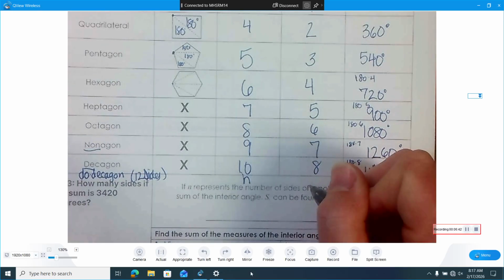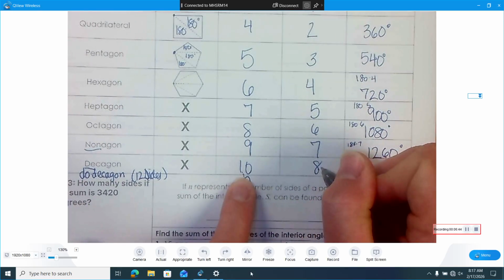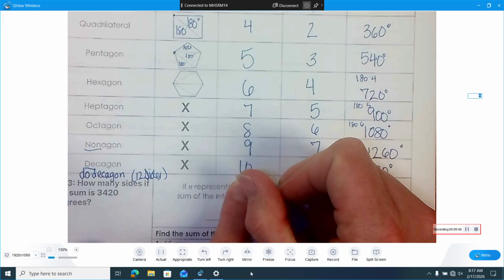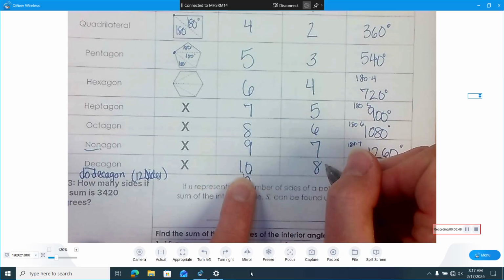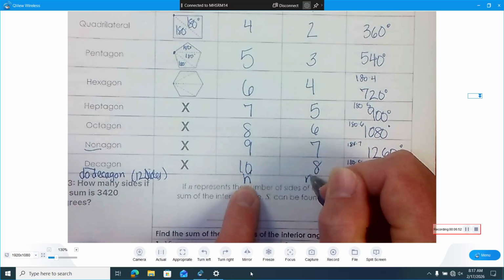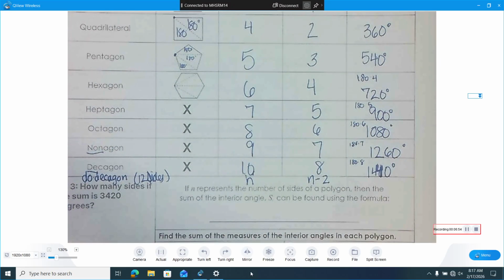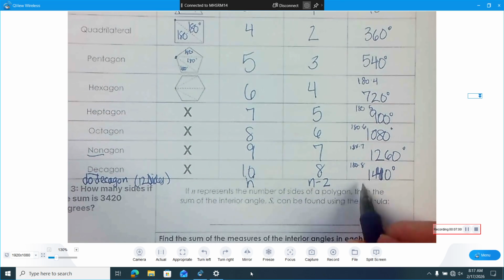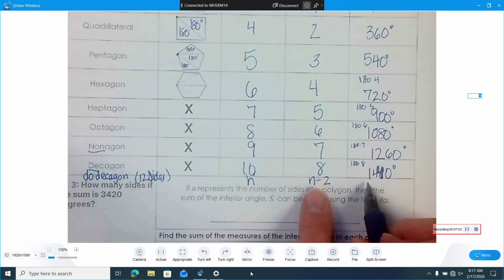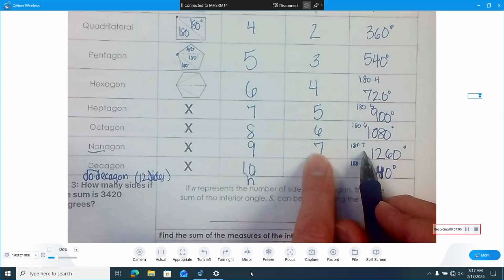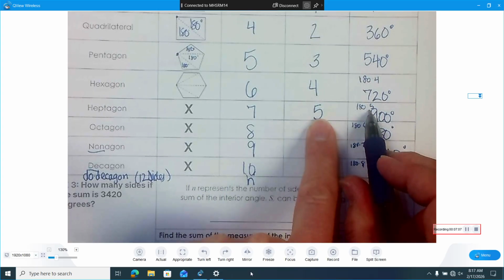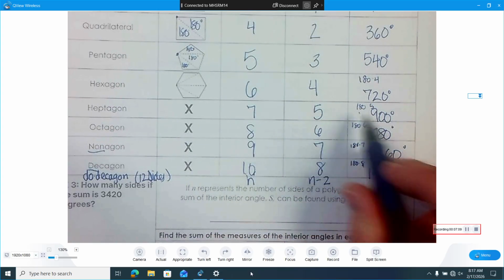Almost. So how do we get 8? We would take the number of sides and subtract 2. So we take our number of sides n and subtract 2. So n minus 2. All we want to do is take n minus 2. And then to figure out the number of degrees, all I had to do was multiply the number of triangles times 180.